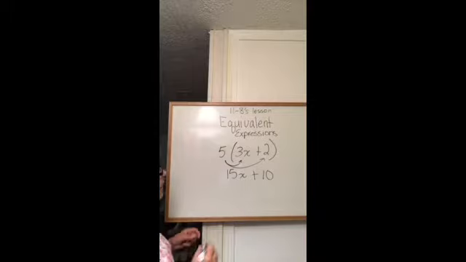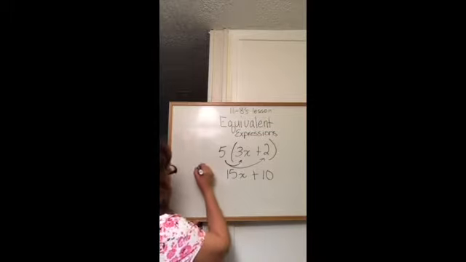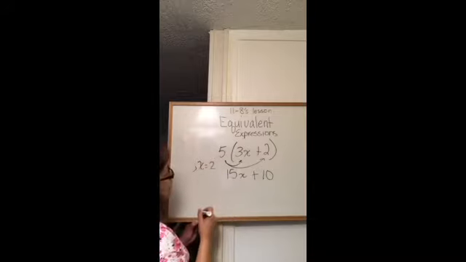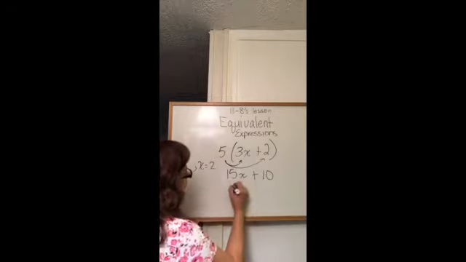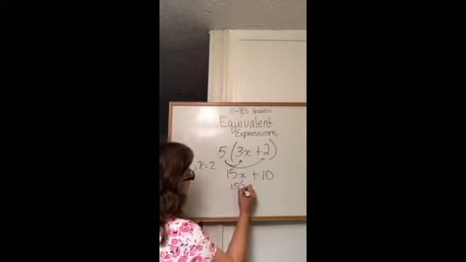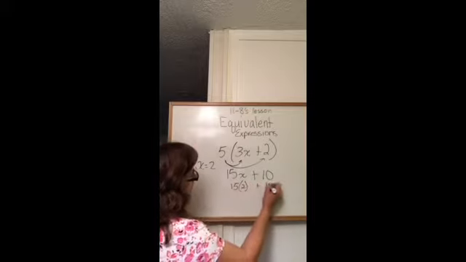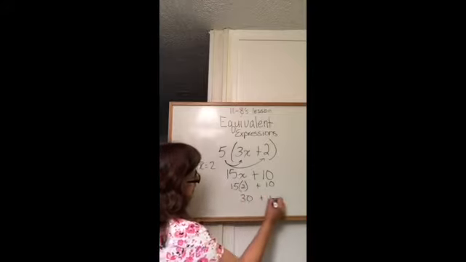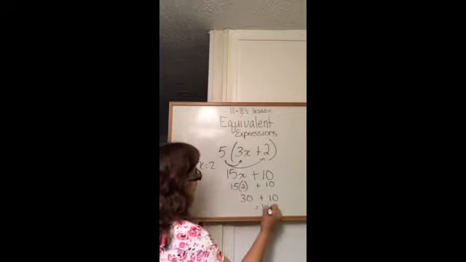If you were to plug in, say, when x is equal to 2, what would it look like? Right here, it would be 15 times 2 plus 10. What is 15 times 2? 30. Plus 10 equals 40.